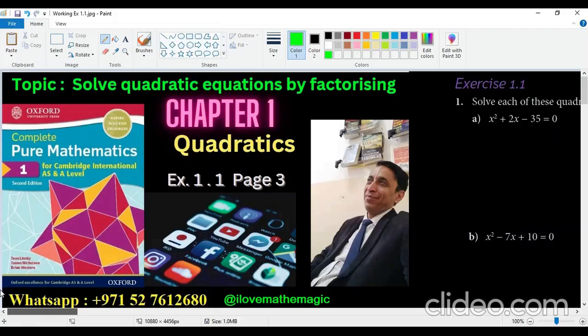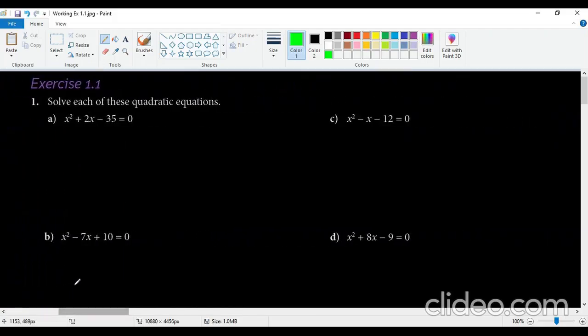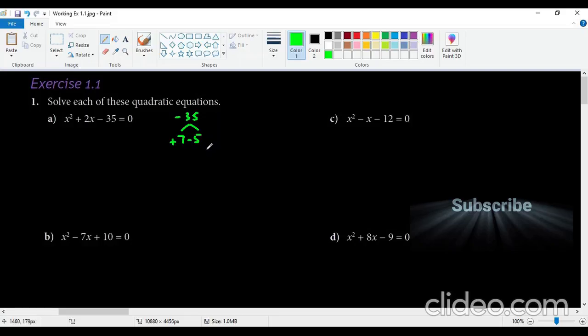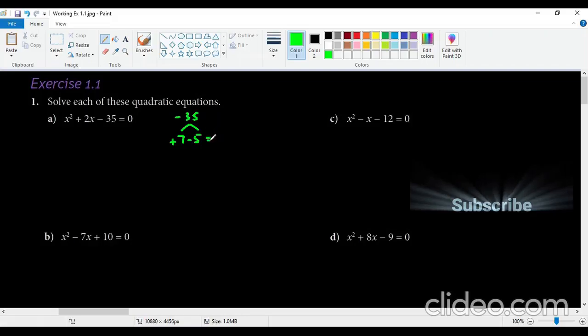I'm starting from question number 1, which is a quadratic equation. Here we are going to find negative 35. We know very well that 7 times 5 is 35, but we need a plus 2 in between. If I have plus 7 and minus 5, that gives you plus 2, and 7 times minus 5 gives you negative 35.